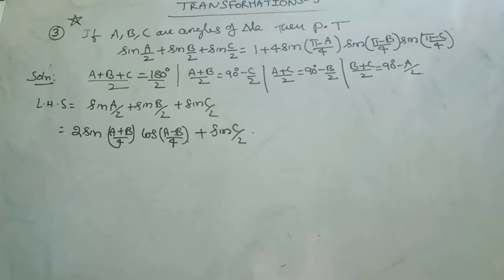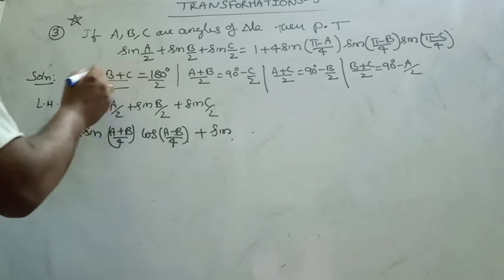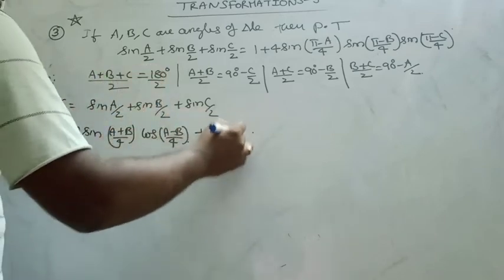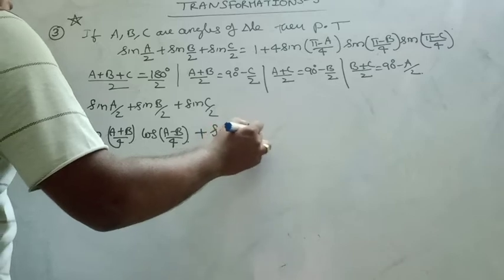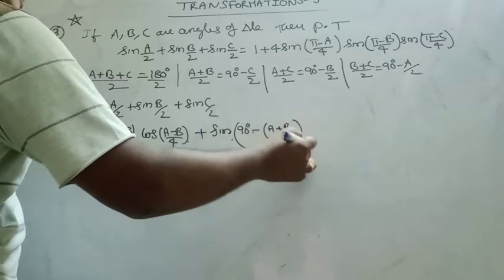Wonderful. Now, my dear students, for this sin C by 2 we can write, because A plus B plus C equals 180, so by 2 that is 90, C by 2 as 90 degrees minus A plus B by 2, like this.